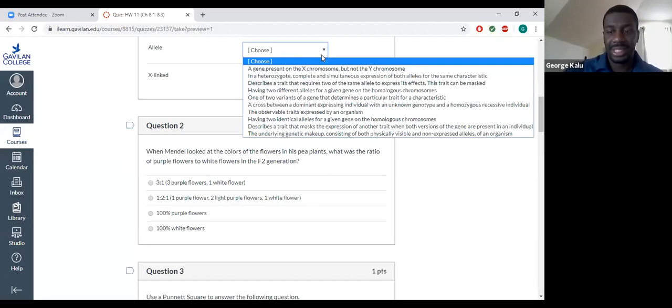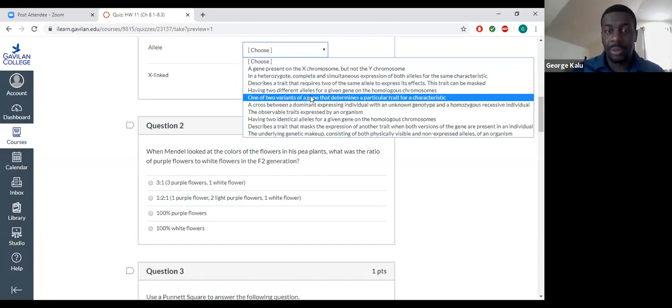So it's not the observable traits in an organism. Yeah, so this is the one where you have one of two variants of a gene.